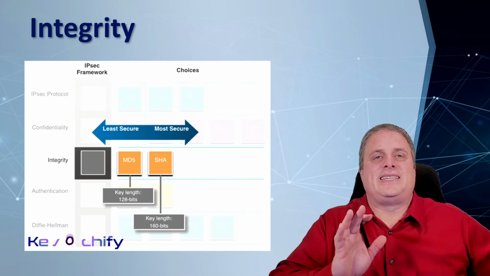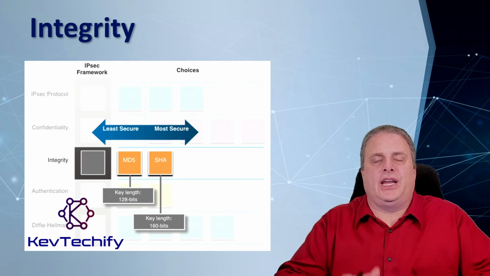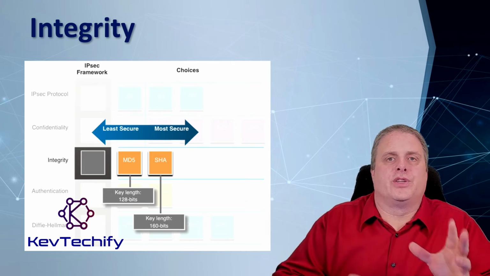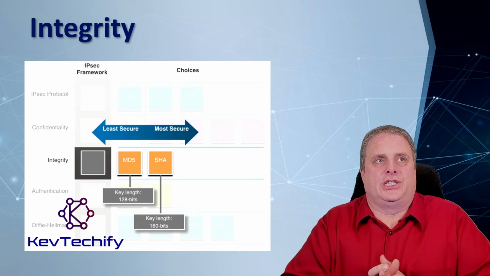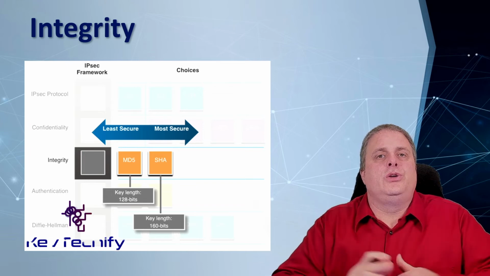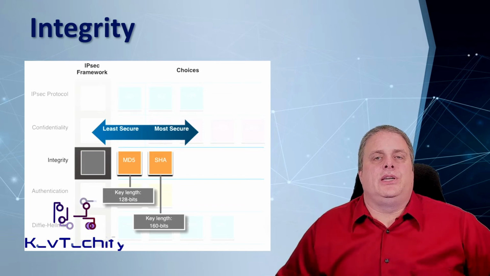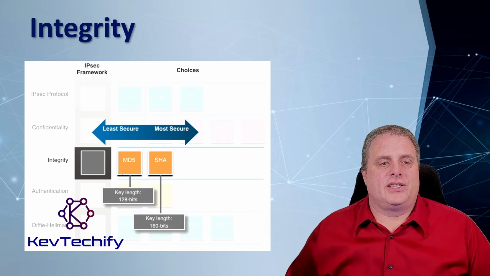When we look at integrity, integrity means that the data hasn't been changed while we're transferring from the source to the destination. We want to make sure that that data hasn't changed. There are 2 methods that we typically see used in today's networks. One is the MD5, Message Digest 5, and that's got a key length of 128 bits.